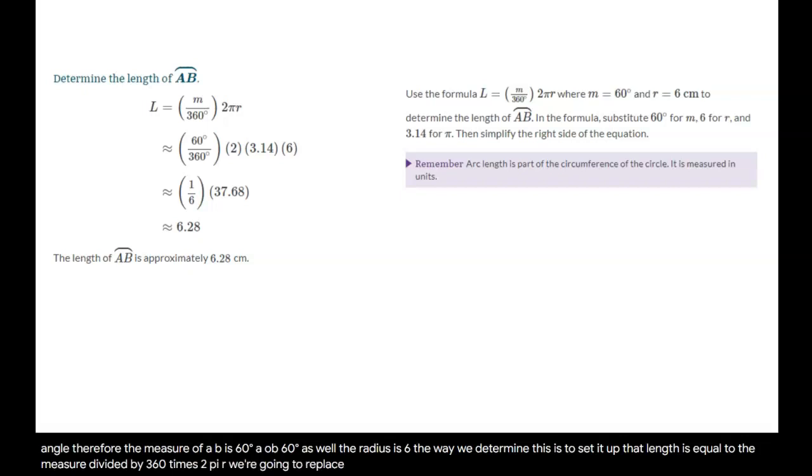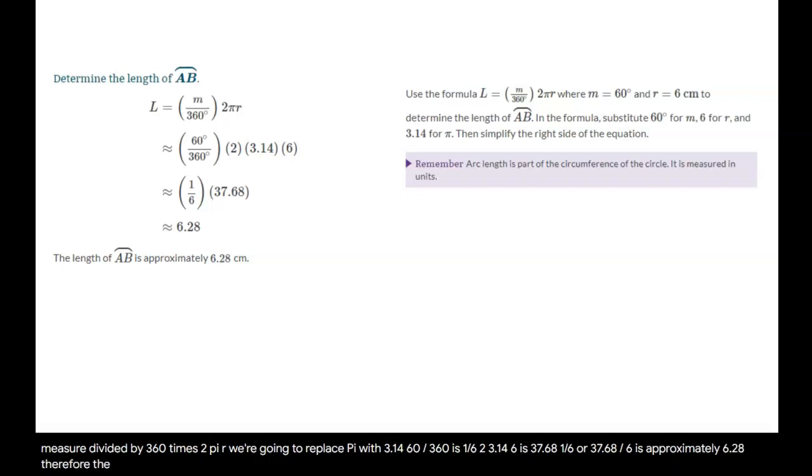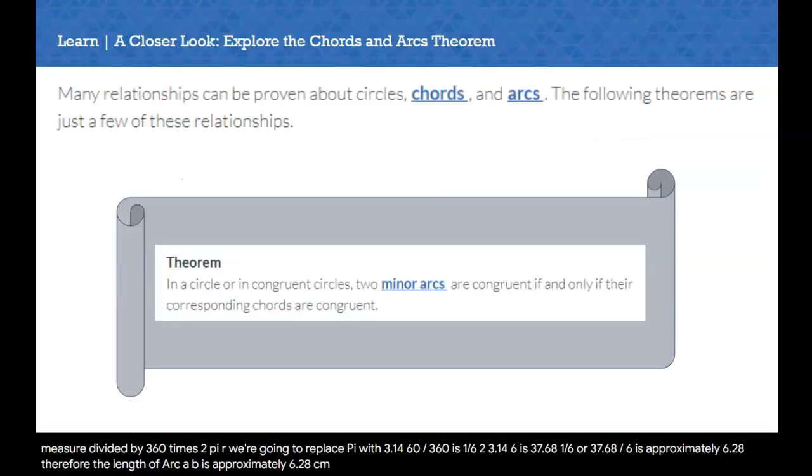We're going to replace pi with 3.14. 60 divided by 360 is 1/6. 2 times 3.14 times 6 is 37.68. 1/6 of 37.68, or 37.68 divided by 6, is approximately 6.28. Therefore, the length of arc AB is approximately 6.28 centimeters.